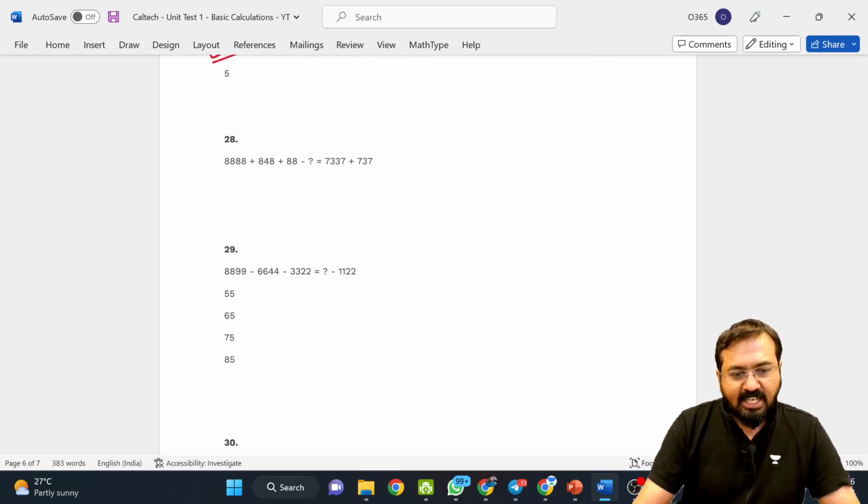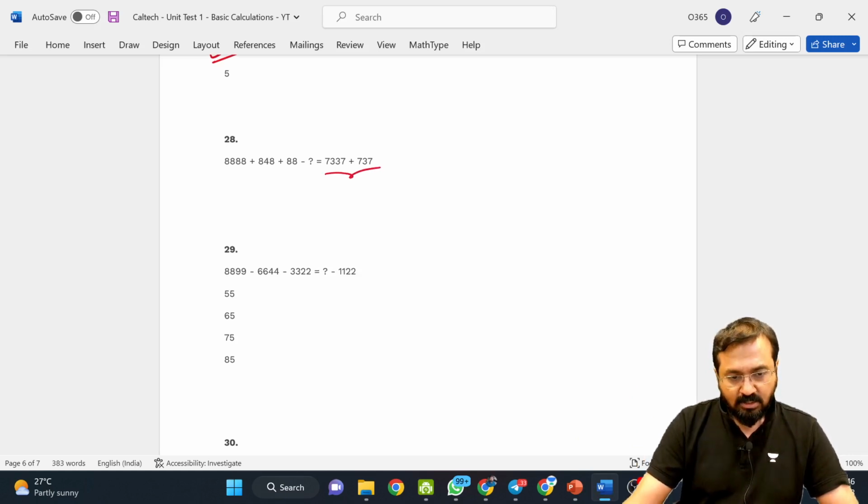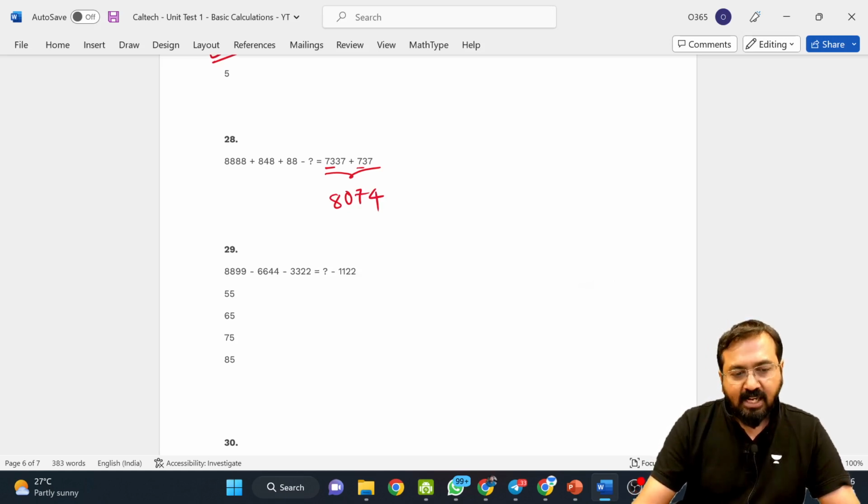simplification? Now guys, for this one we can use a slightly different approach. What I'll do is I'll just add the right side numbers. 7300 plus 700 is 8000, and 37 plus 37, 74. So 8074. And if I subtract this 807 from 4 times 8, so what will I get?